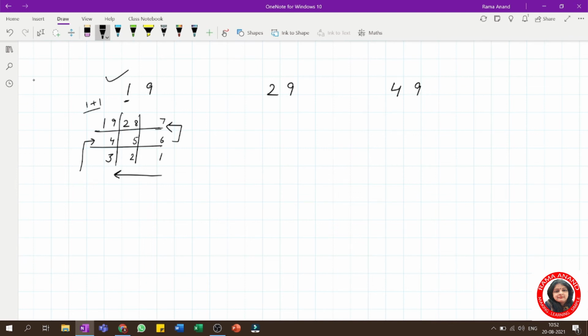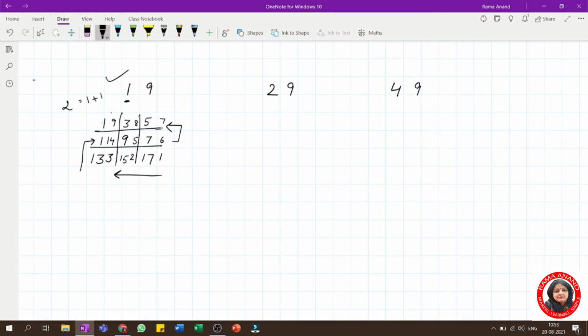Next what you have to do is, whatever digit is in your tens place, you have to add 1 to it, so it becomes 2. Now 1 plus 2 is 3, 3 plus 2 is 5, 5 plus 2 is 7, 7 plus 2 is 9, 9 plus 2 is 11, 11 plus 2 is 13, 13 plus 2 is 15, 15 plus 2 is 17.